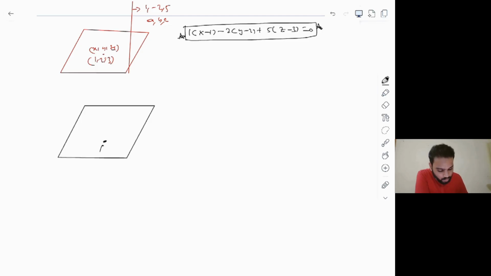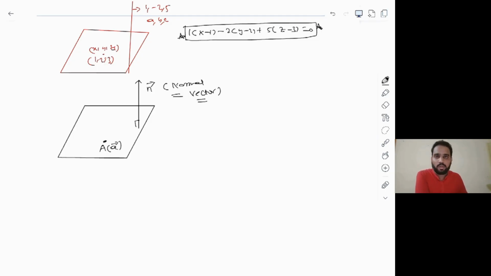Imagine you have a point A whose position vector is A bar. Now imagine there is a vector which is called normal vector. Let's call it as n bar. What is n bar here? It is a vector which is perpendicular to the plane, and that is called normal vector.